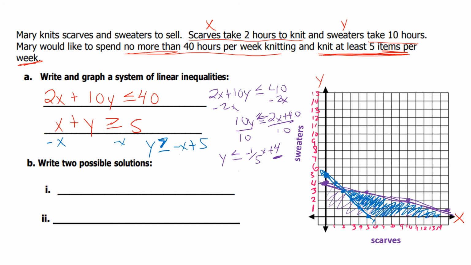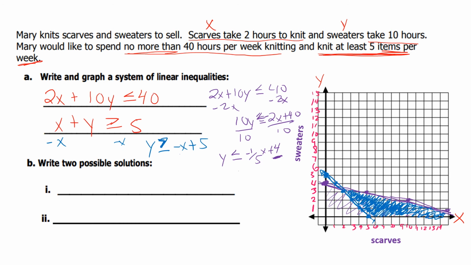All right, so my solutions have to be positive because we're talking about scarves and sweaters. You can't have negative scarves and sweaters. So I'm keeping it above 0. All right, so it says write 2 possible solutions.